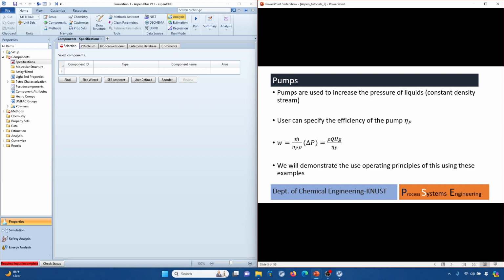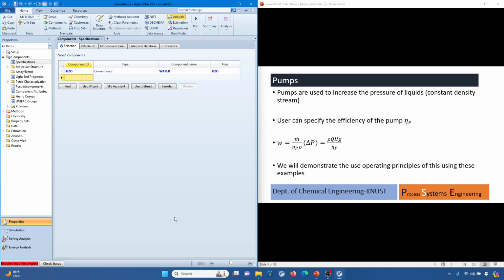When it comes to pumps, we work with them if we know the pump efficiency and the discharge pressure we desire. For this problem, we are going to use three components: mainly water, oxygen, and then nitrogen.